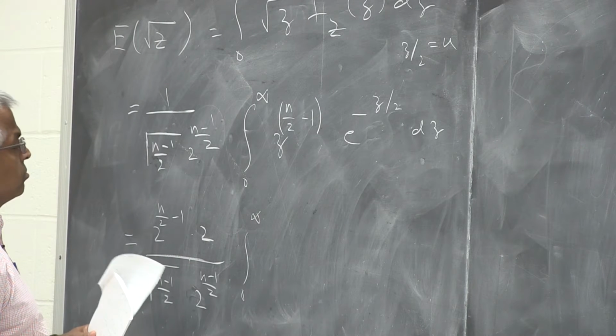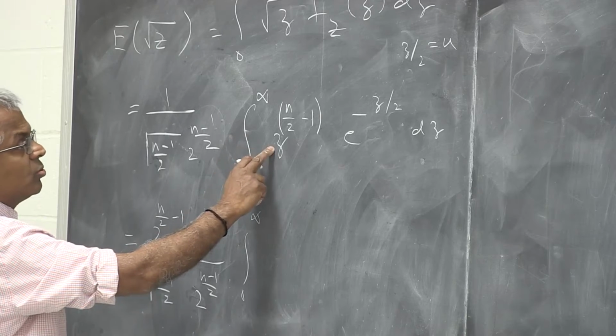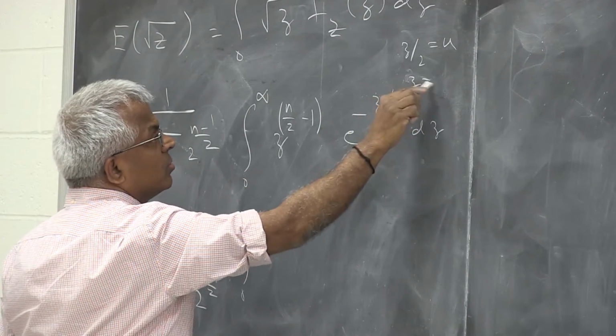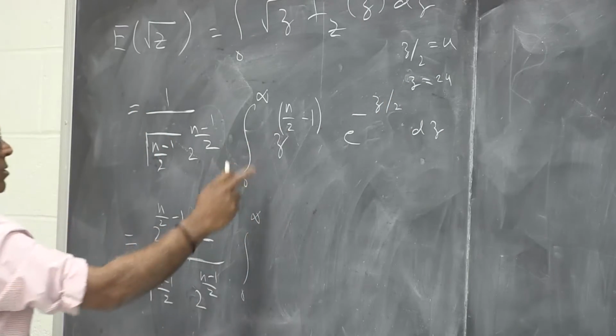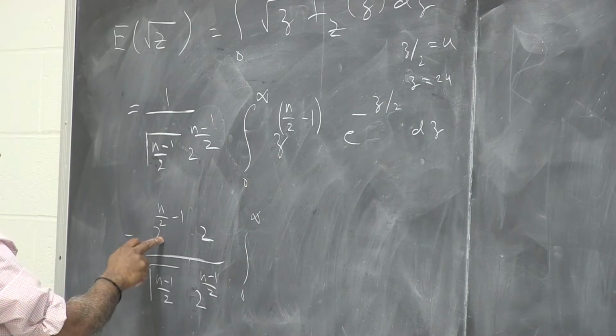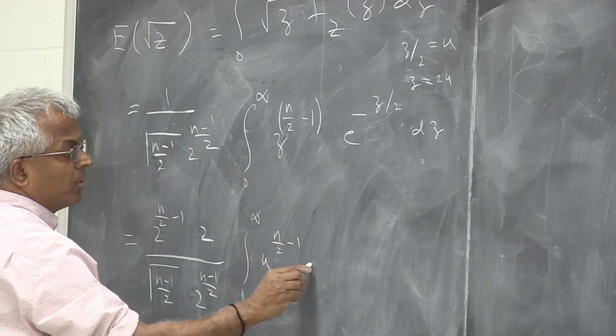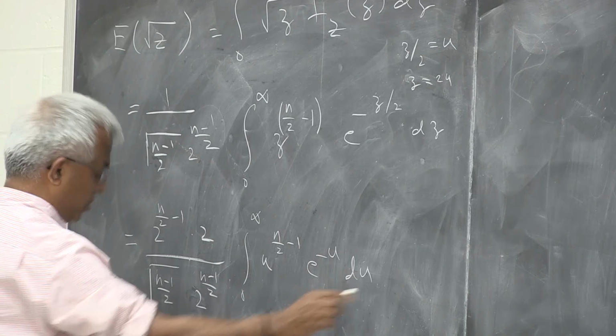Since z is 2u, instead of z I put 2u, so I took out the 2 term outside, so this is u to the power n by 2 minus 1, e raised to minus u du.